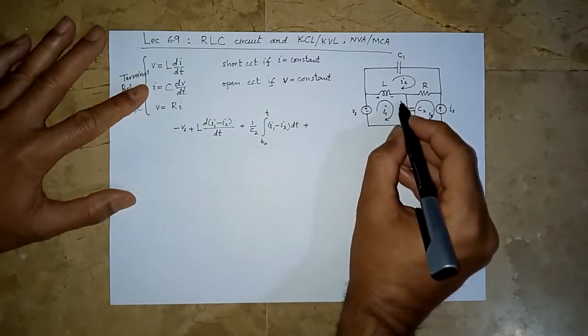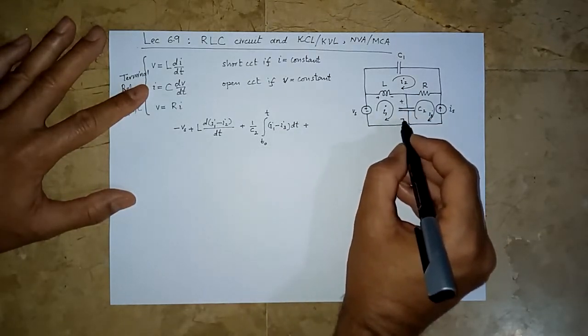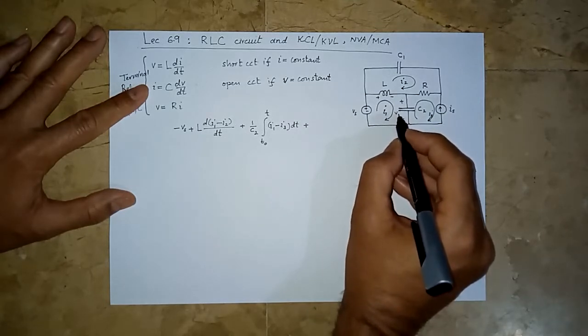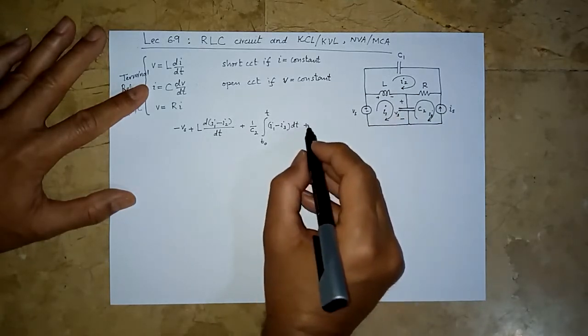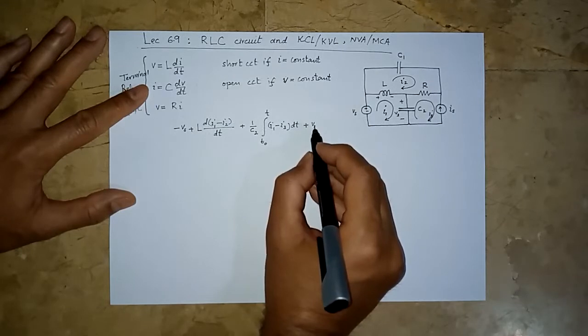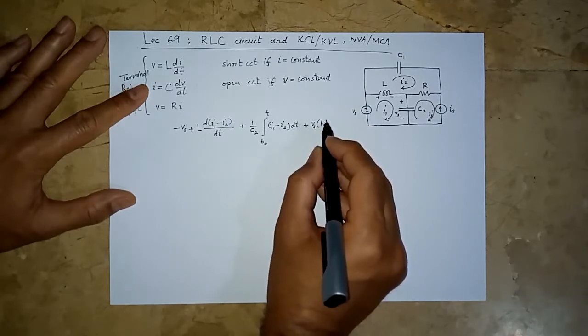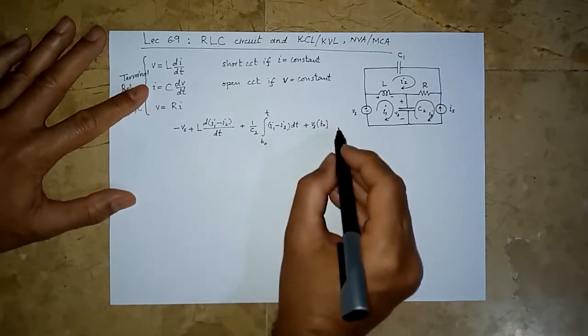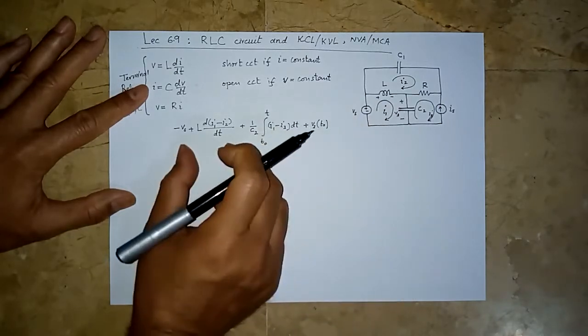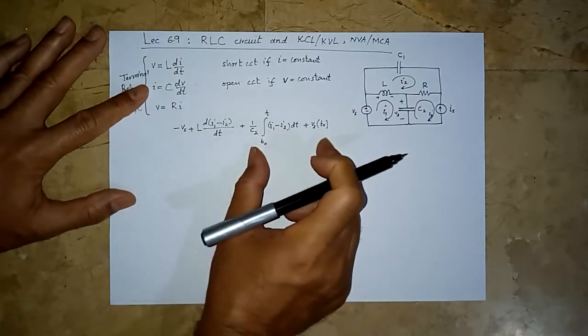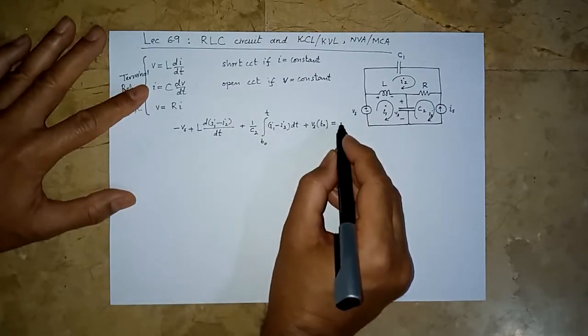Let us mark it because we need to write it there. So let us say this is V2, small v2, plus V2, the value of V2 at T naught. And there are three elements, 1, 2, 3, equal to 0.